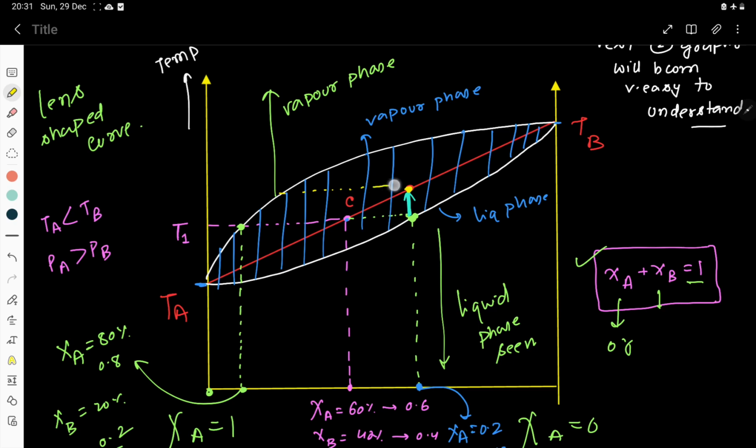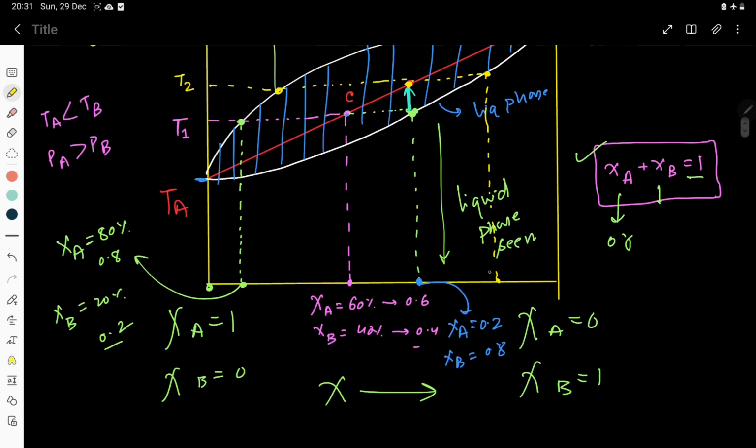Firstly draw a line on the left side, then on the right side. When I've increased the temperature to T2, in the liquid phase the composition is around 0.1 XA and XB is 0.9.